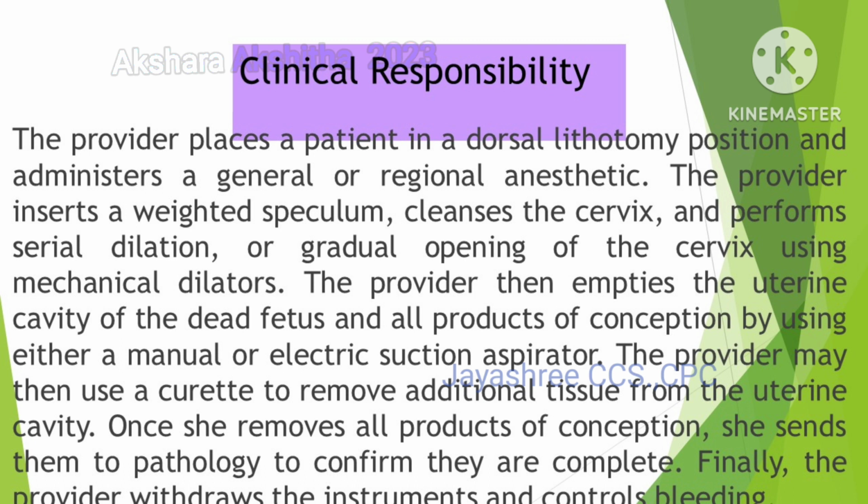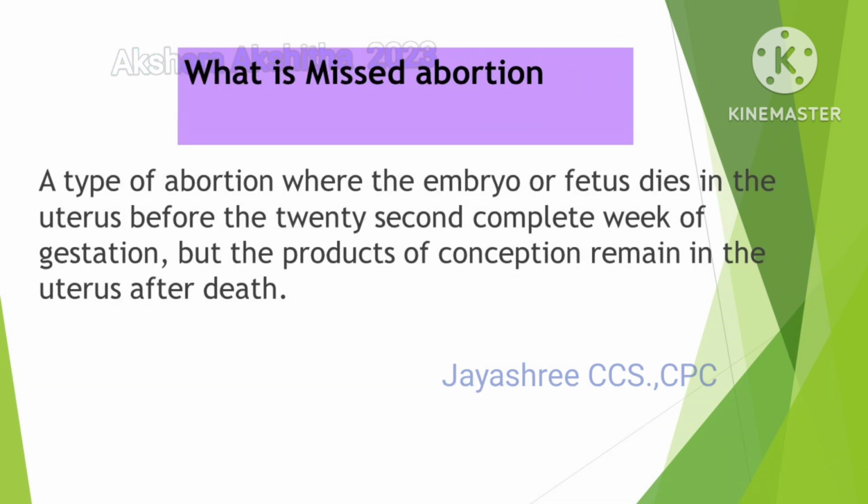How will the doctor perform this procedure? I have mentioned it in this slide. Please, if you want, you can go through it. Okay, what is the definition of missed abortion? It is the type of abortion where the embryo or fetus dies in the uterus before the 22nd completed week of gestation but the products of conception remain in the uterus after the death.